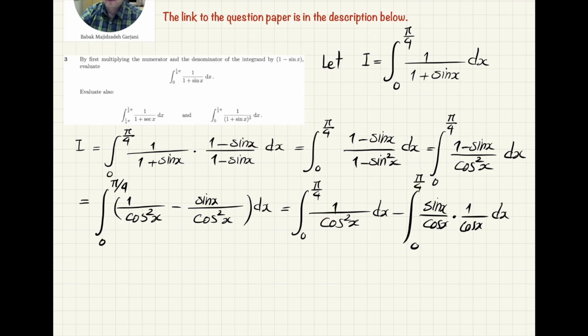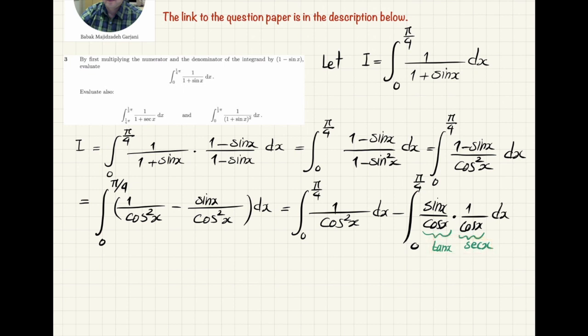This expression is tangent of x, and this is nothing except secant of x. If you remember from your studies, a primitive function for secant times tangent is secant itself, because the derivative of secant is secant times tangent.